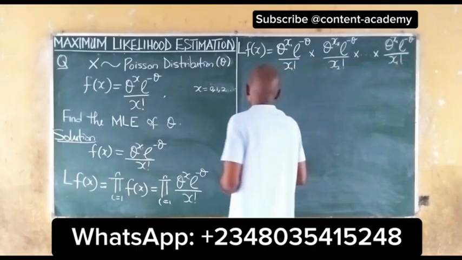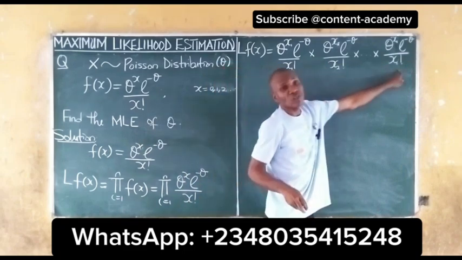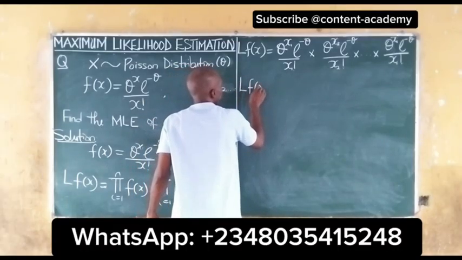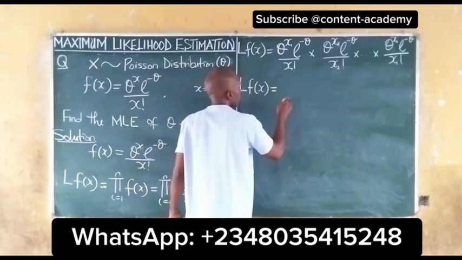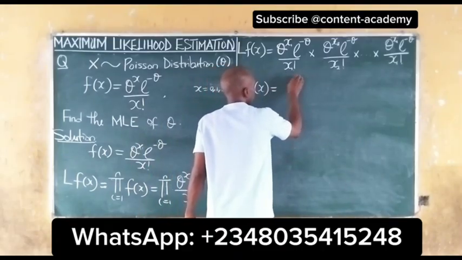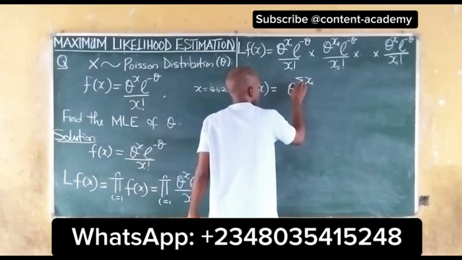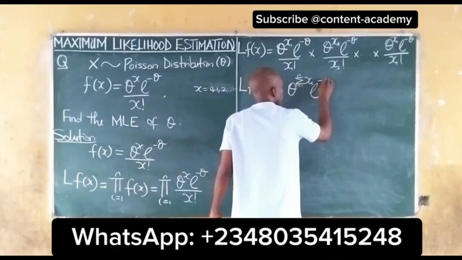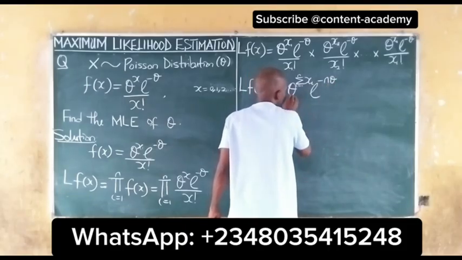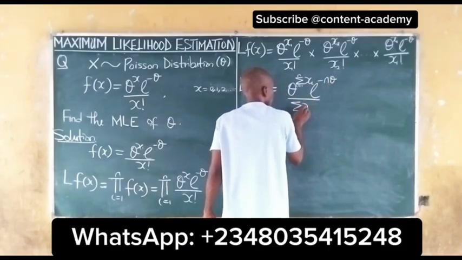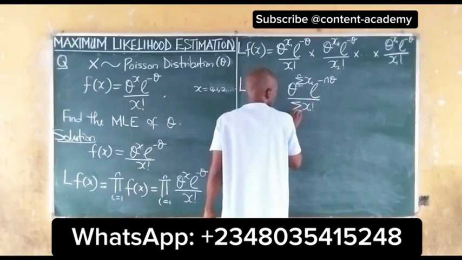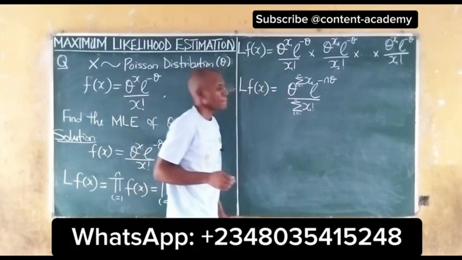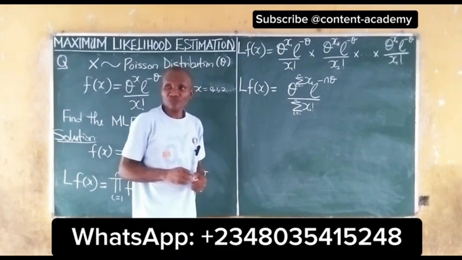Now, if you take the product of this function, we'll have our likelihood function written as theta to the summation of xi from i equals 1 to n, e^(-n theta), all over the product of xi factorial from i equals 1 to n. So this is exactly what we get.